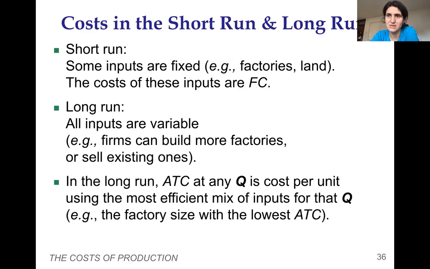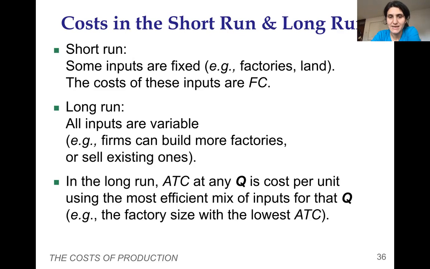Since we are dealing with costs, we care whether these costs are fixed or variable. In the short run, some inputs are fixed, like factories and land, and the costs of these inputs are fixed costs. And in the long run, all inputs are variable. Firms can build more factories, etc.